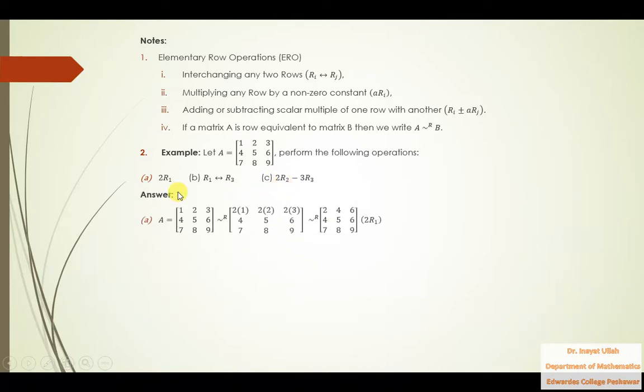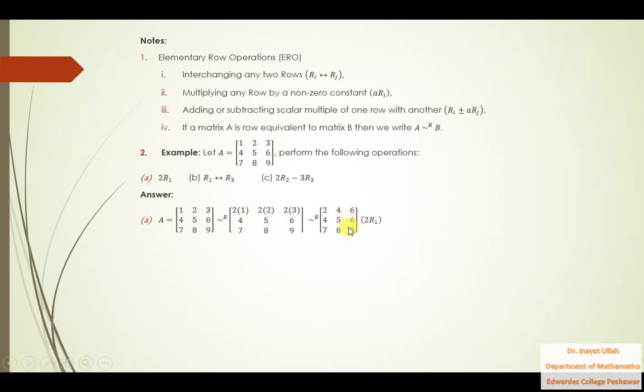So let us see how we could perform these operations. This is A. We need to find 2 times R1, so we multiply row 1 by 2. See, 2 times 1, 2 times 2, 2 times 3, and this is actually 2R1. Multiplying: 2 ones are 2, 2 twos are 4, 2 threes are 6.